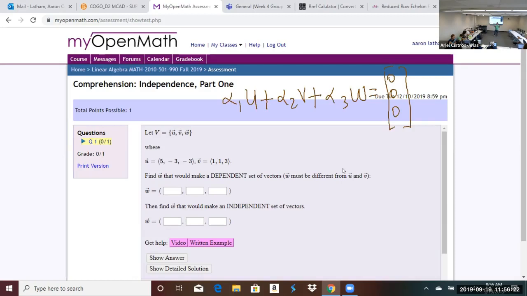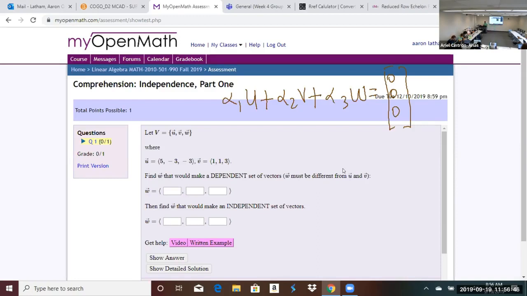When we ask whether this set of vectors is independent or dependent, we need to represent a linear combination of the vectors under consideration that is equal to 0. That's called the relation of linear dependence. That linear combination equated to 0, and that is the analogy.